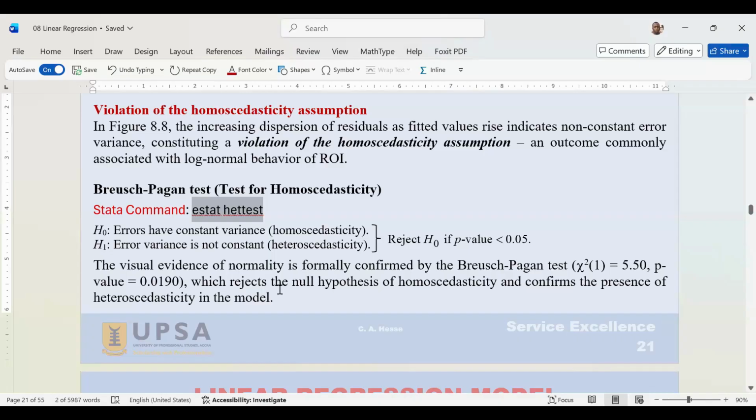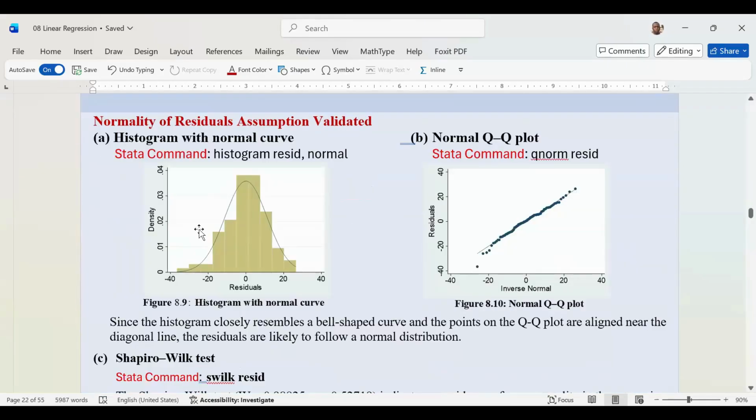So when the p-value is very small, what's the p-value in what you ran? 0.01. Good. Because the p-value is small, we reject H0. Rejecting H0 means that the homoscedasticity assumption has been violated. So two assumptions have been violated: the linearity assumption and the homoscedasticity assumption.